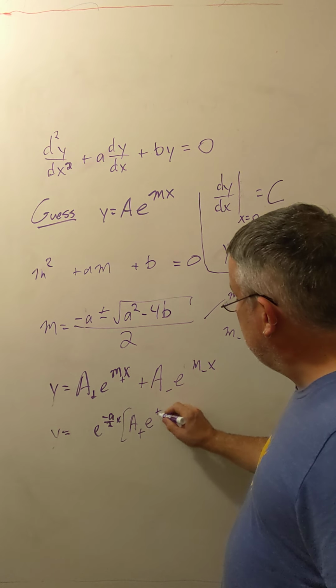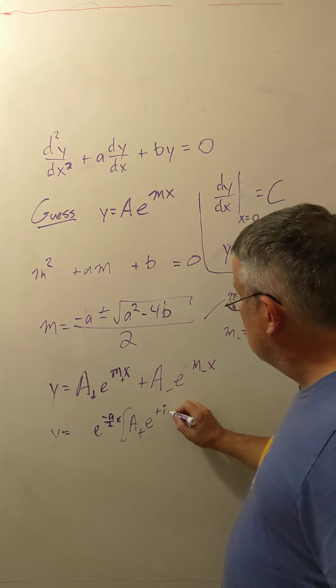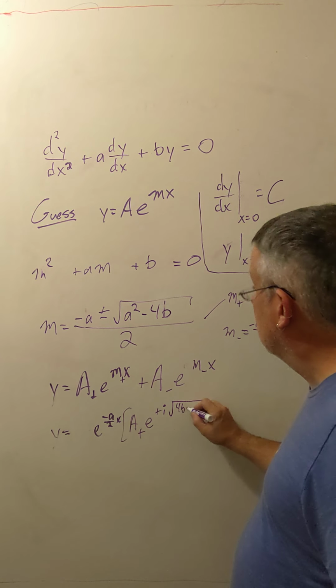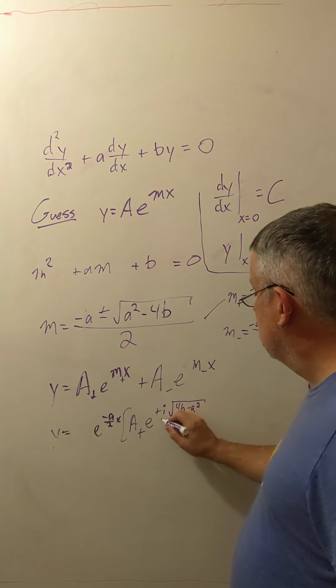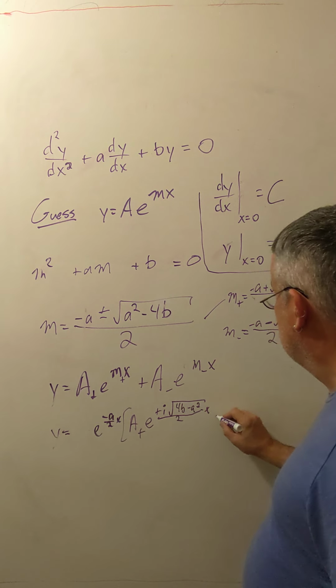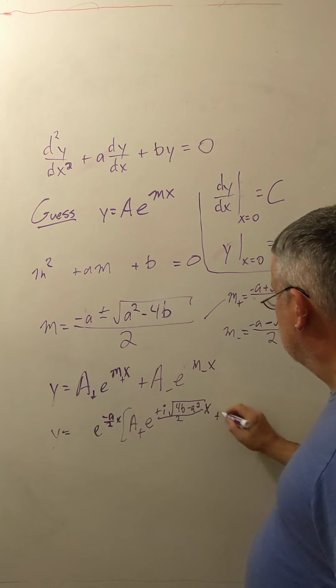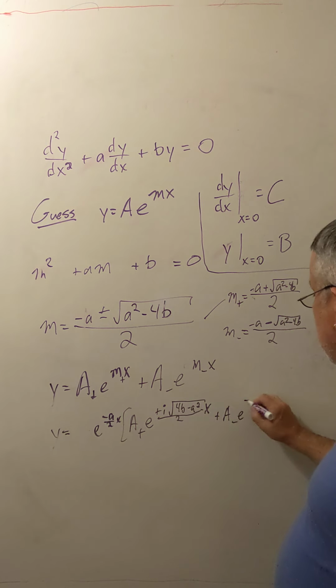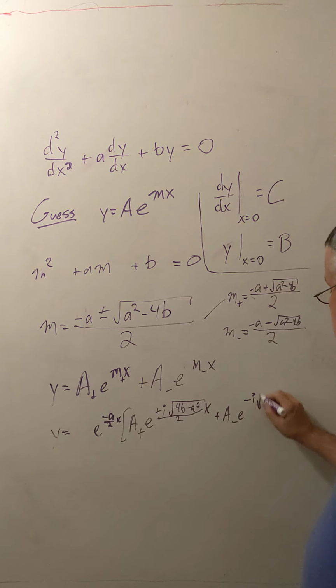And I'm actually going to pull out the i and flip the sign of this one, 4b minus a squared over 2 times x, plus a minus e to the minus i square root of 4b minus a squared all over 2 times x.